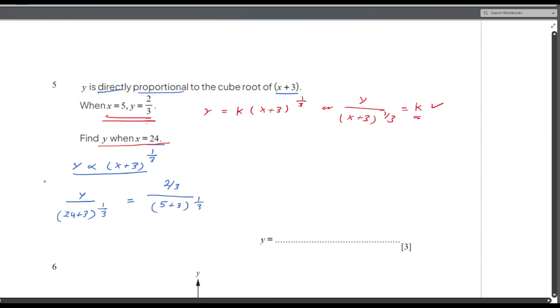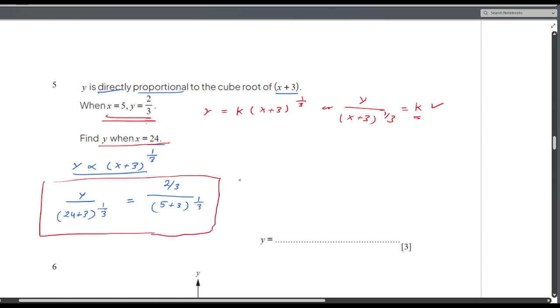Or simply I say their ratios are equal. So y will be equal to 24 plus 3, which is 27, 27 power 1 by 3, times 2 by 3 divided by 5 plus 3, which is 8, 8 power 1 by 3.